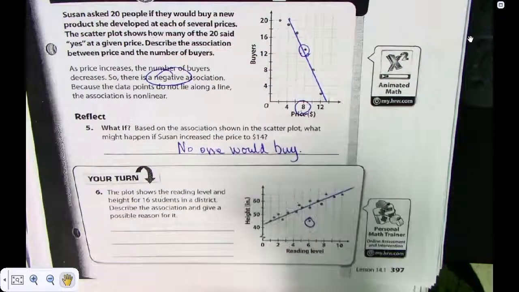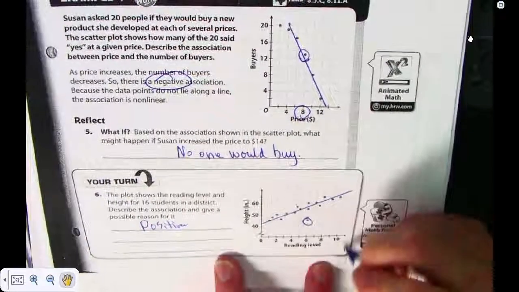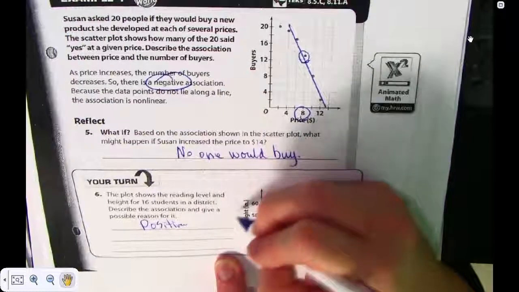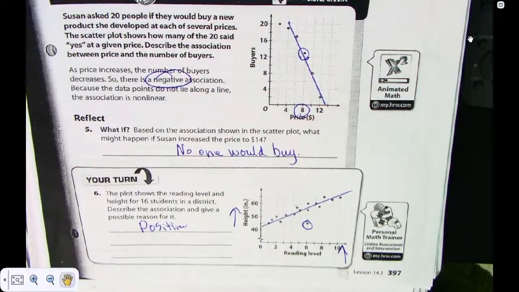Well, not linear, but isn't it positive? So as the reading level went up, the height went up. What happened? As your reading level went up, why did you get taller?